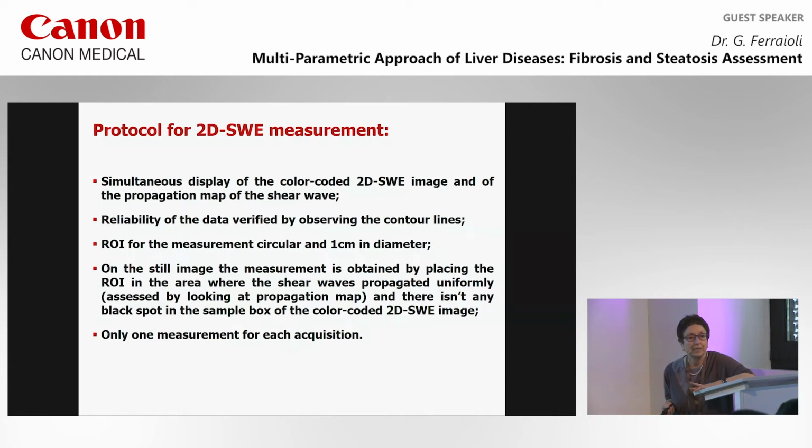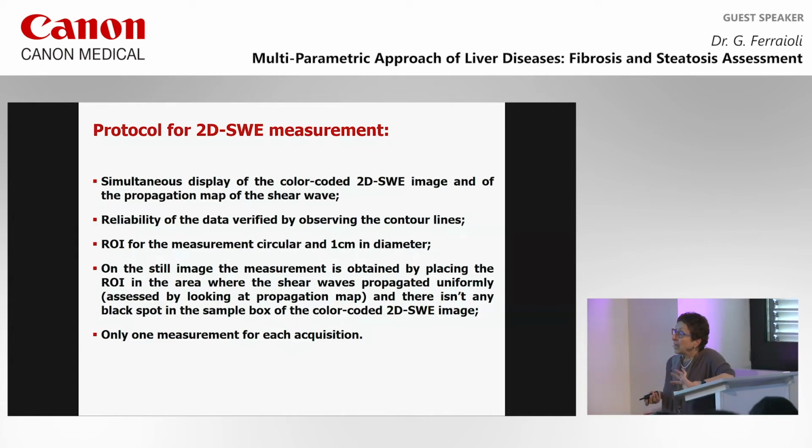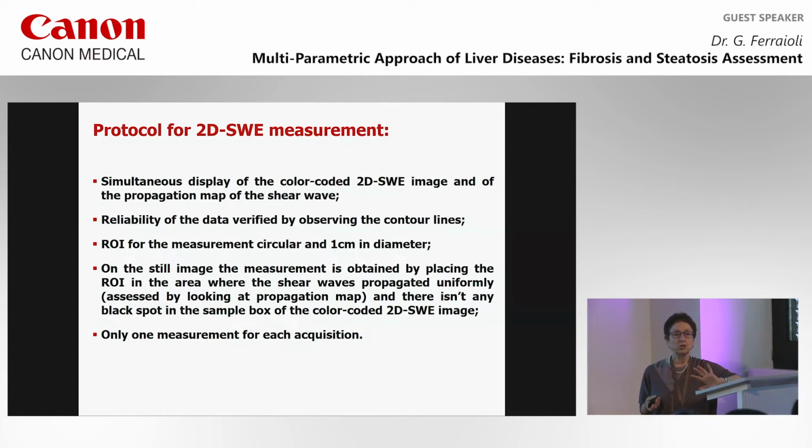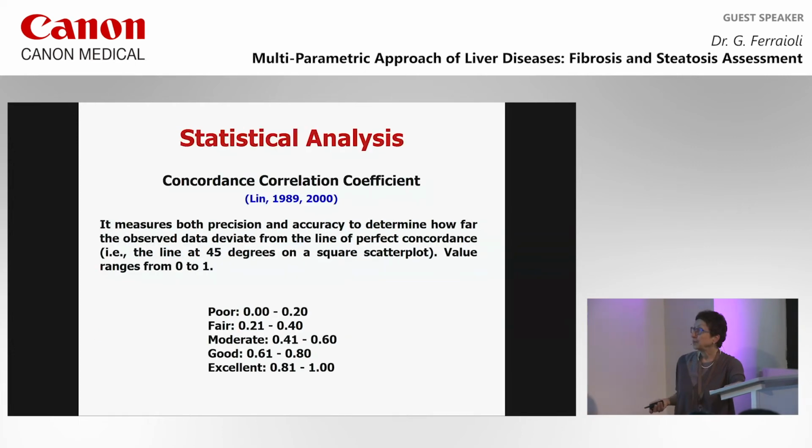This is recommended now also by the guidelines. And on the still image, use the propagation map as a guide. Also, I strongly suggest, and guidelines have now suggested, that only one measurement should be performed in a frozen image.